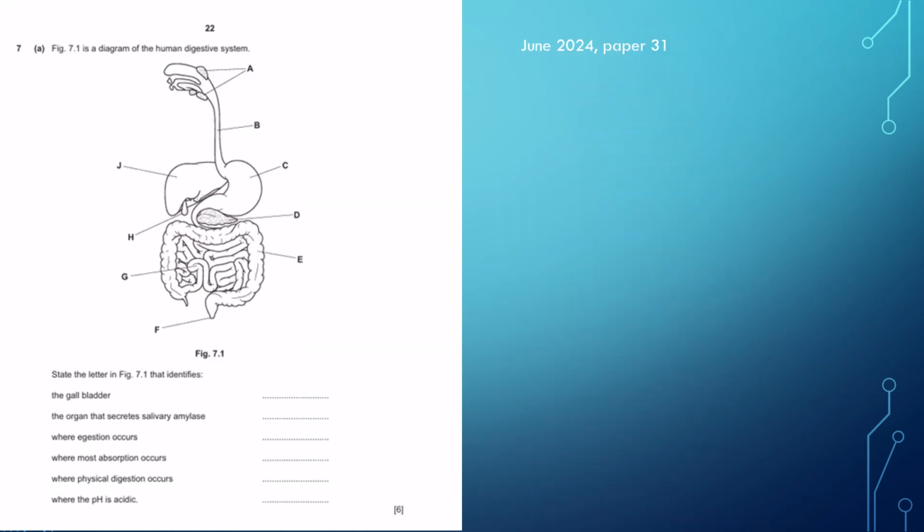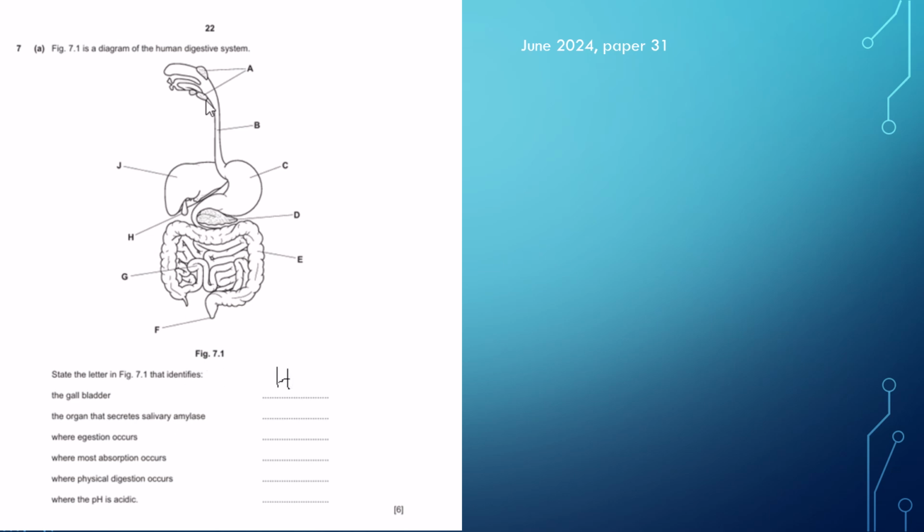This here is from June 2024, 31. And here we have to look at the entire human digestive system. They start by asking us where the gallbladder is. And up here, we see this small thing here. That's our gallbladder.